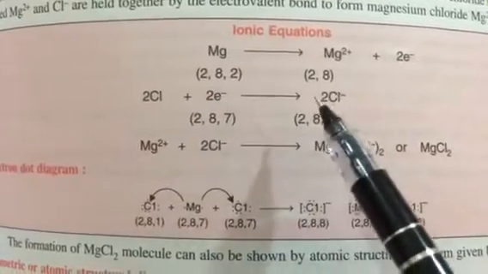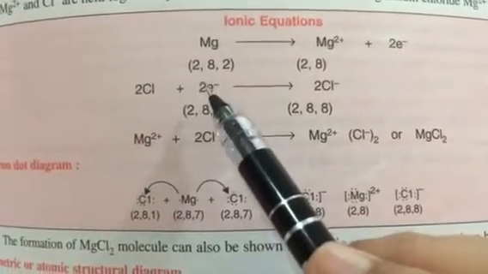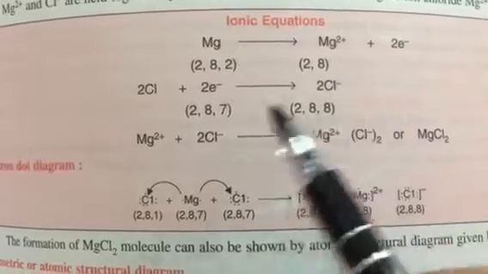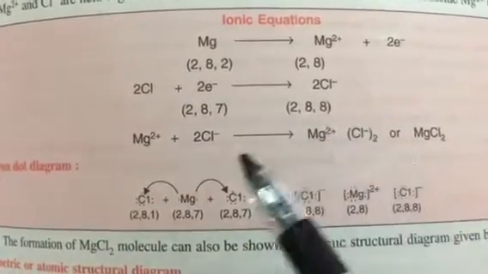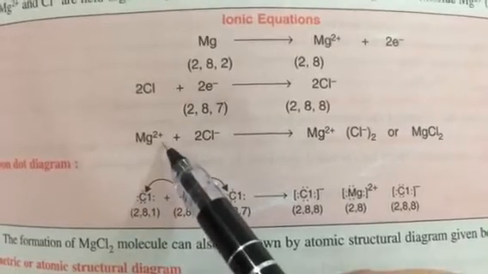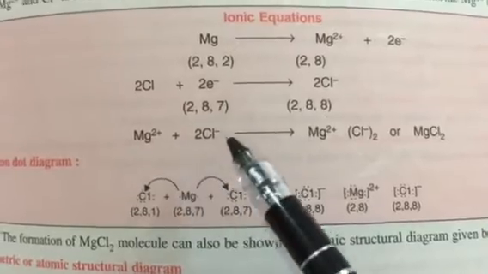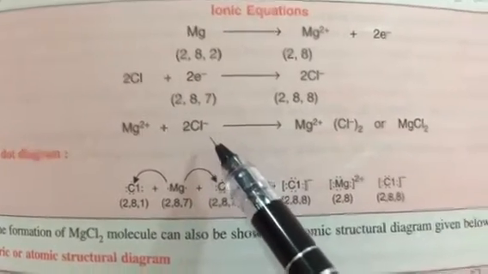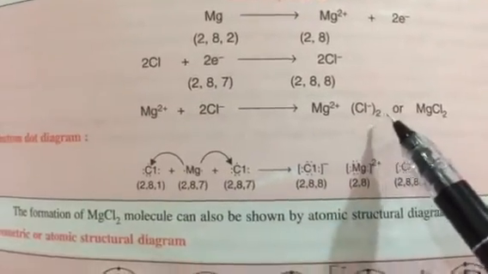Here you have to please clarify that one chlorine atom would accept one electron to get converted into one chloride ion, and two together would get converted into 2 chloride ions. Hence Mg2+ formed by loss of electrons, that is oxidation, and chloride ions formed by the gain of electrons, that is reduction, lead to the formation of magnesium chloride.